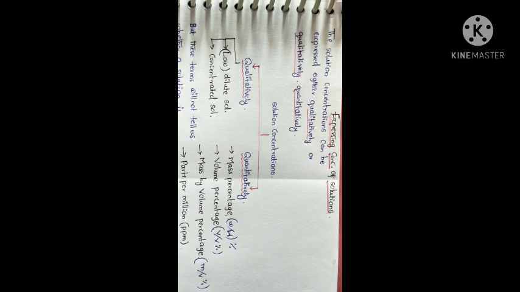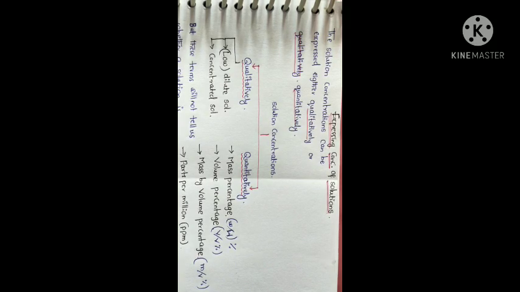So before this, what is the use of knowing about the concentration of solutions? For example, in our chemistry laboratory, two solutions are there. One is a 2 molarity HCl solution and the second one is a 10 molarity HCl solution.